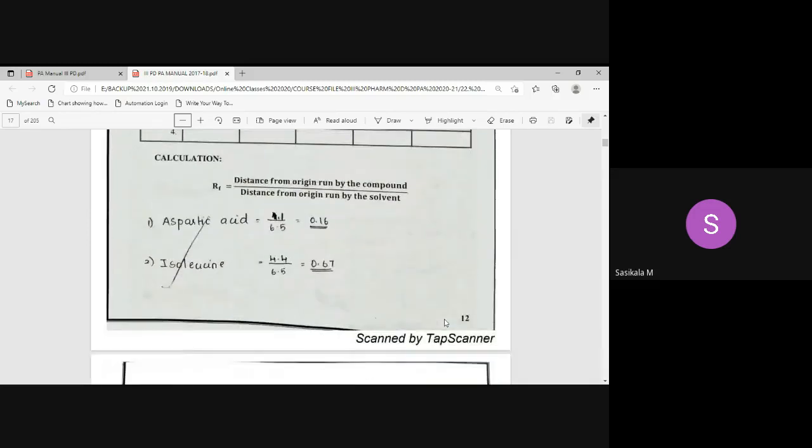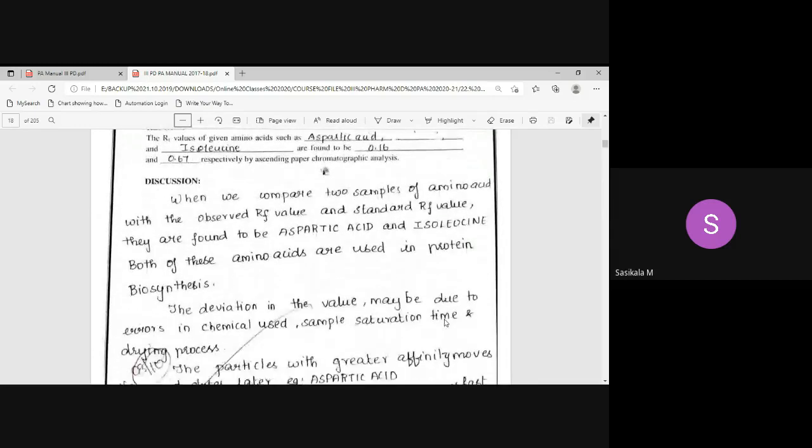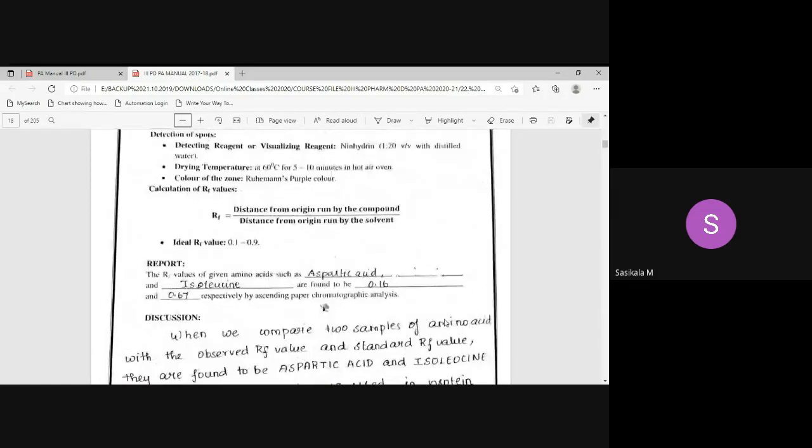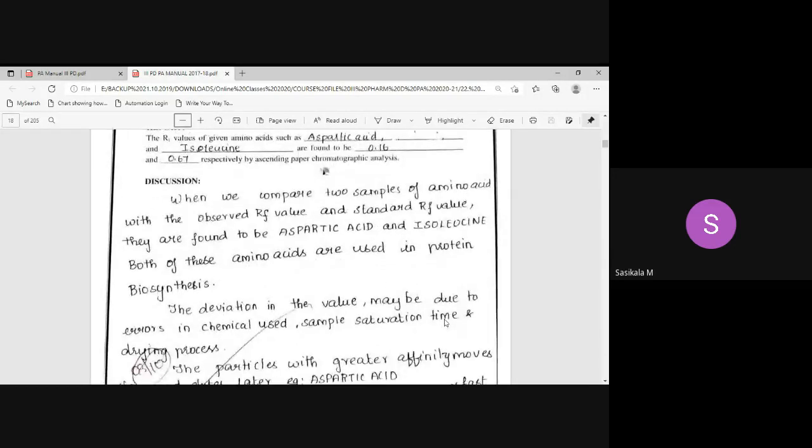Okay, here color of the spot you will be knowing, ninhydrin purple color already is given. Okay, and in discussion you need to write the role of aspartic acid and isoleucine in the pharma field, and when it is deviating from the standard value. Okay, why it is deviating from the standard value, that suggestion also is to be given in the discussion.